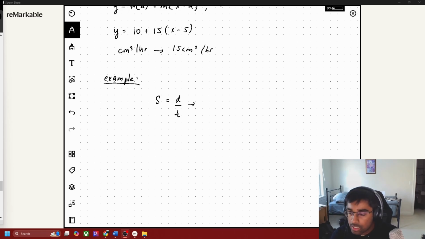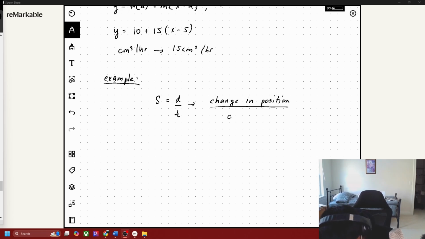This is average speed, so therefore, your average velocity, because this time you have numbers, like you have -5 over t or whatever, or something. You have magnitude now and you have direction. So it's going to be change in position over change in time.